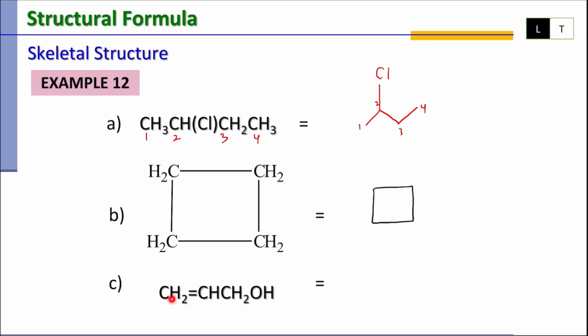Next, saya ada C. So, C, my carbon atom here. So, let's say ini first, second and third. So, untuk first carbon, saya ada OH group attached to it. So, ini hydroxyl. Dan between carbon 2 and 3, saya ada double bond. So, saya ada 3 intersection, 1, 2 and then 3.